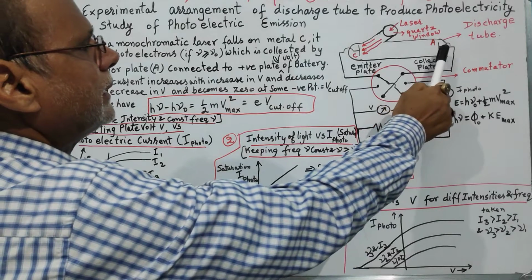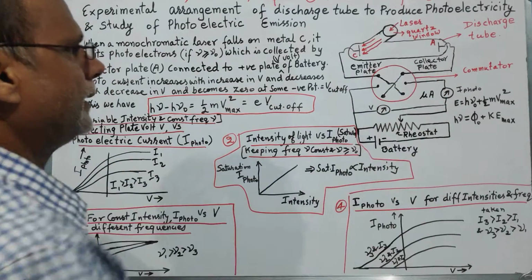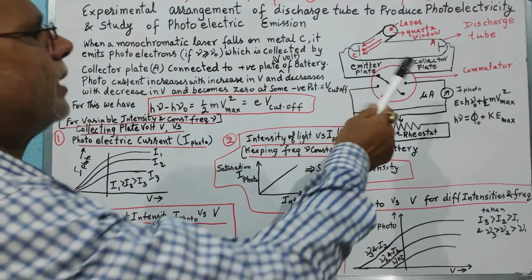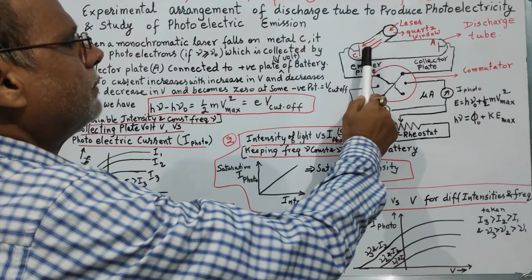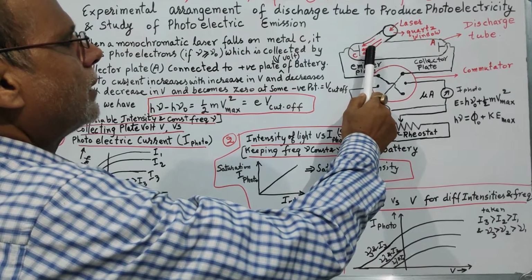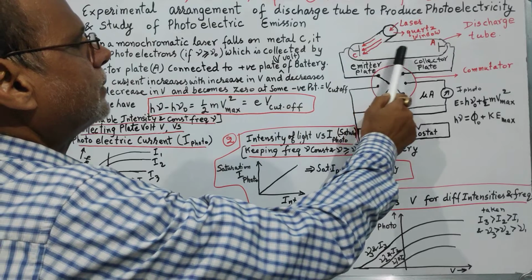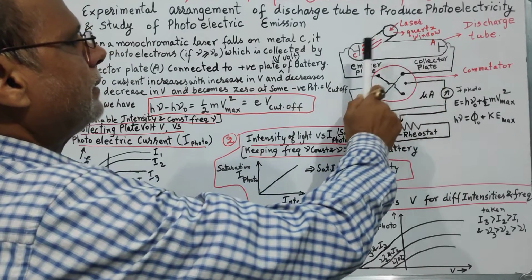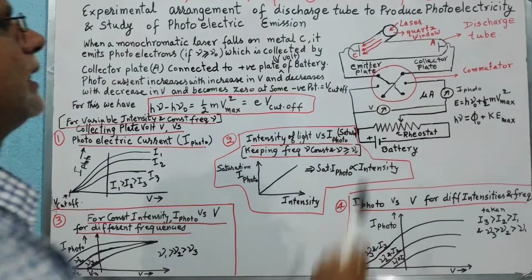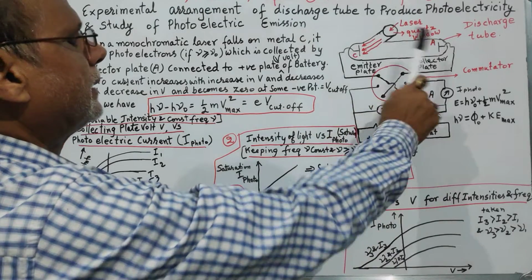If we keep on increasing the potential of plate A, the photoelectrons which were emitted are mostly getting collected by the plate, and finally all the electrons at some stage will be collected by the plate.